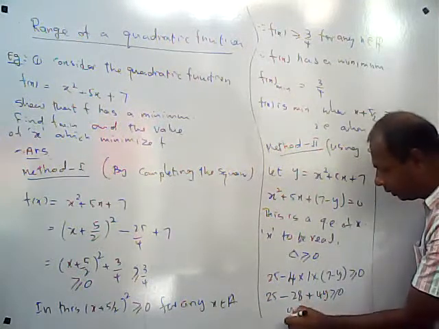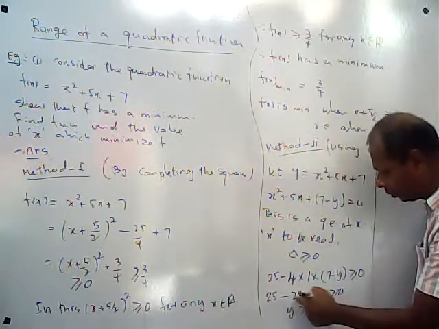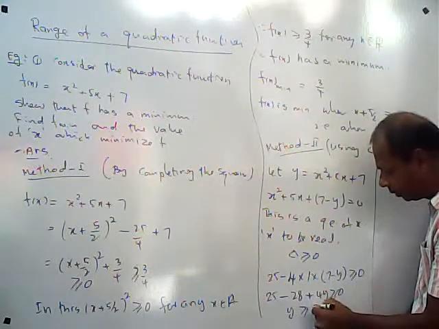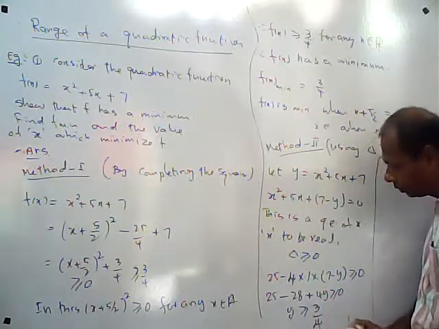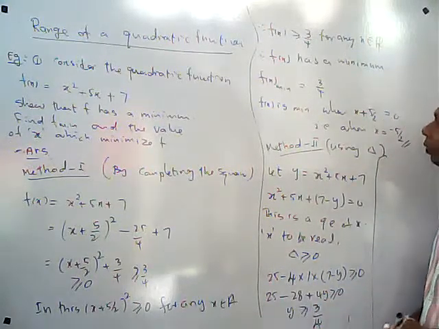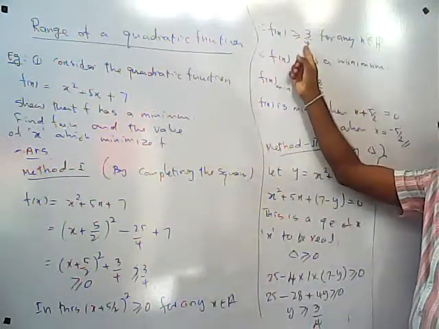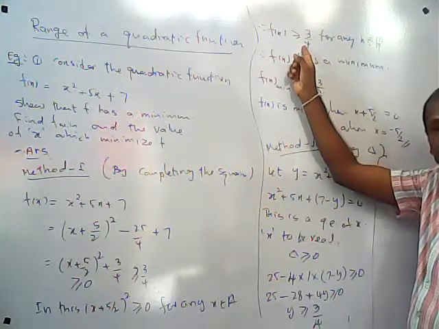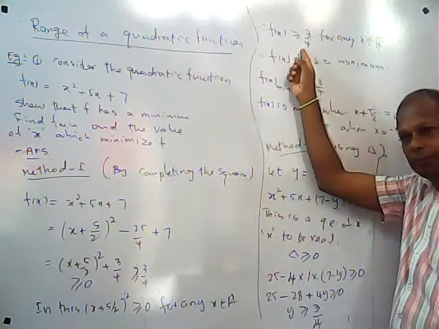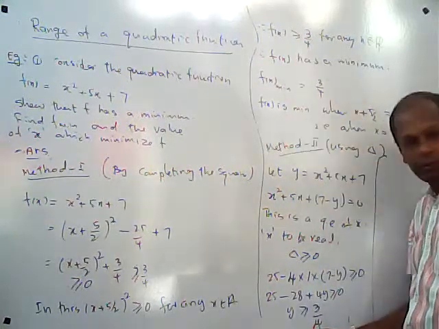So you get y is greater than or equal to minus 3 over 4, so y is greater than or equal to 3 over 4. Isn't it exactly the same result that we got earlier? Y is greater than or equal to 3 over 4.